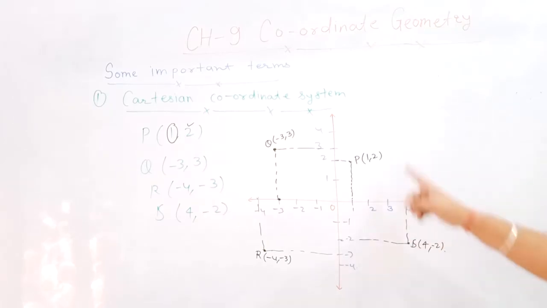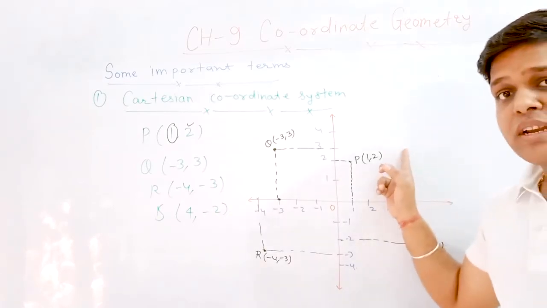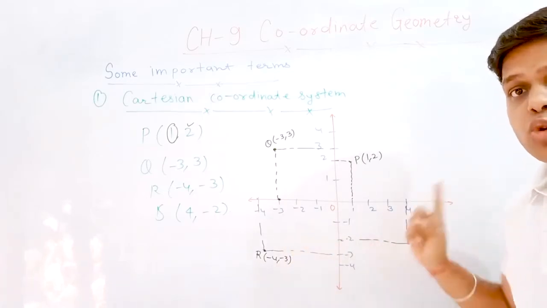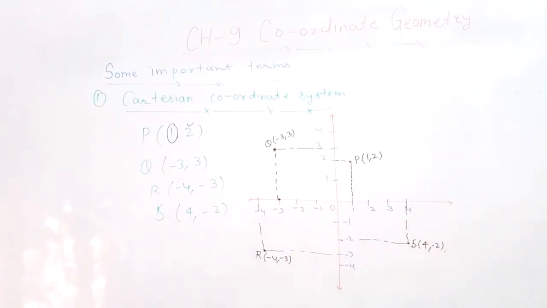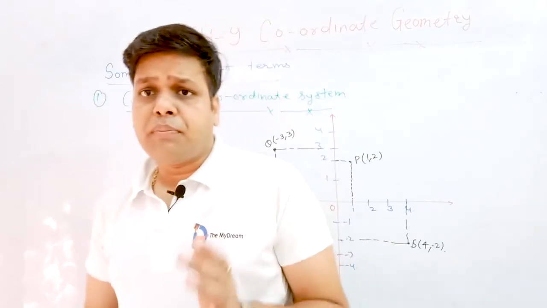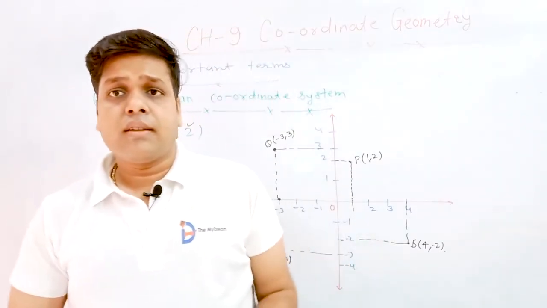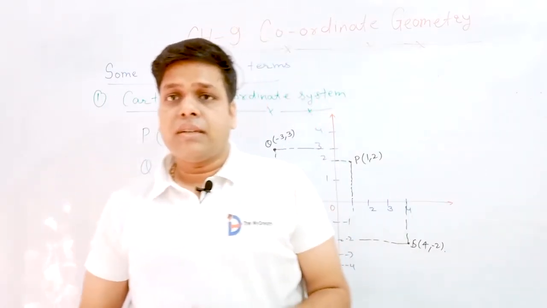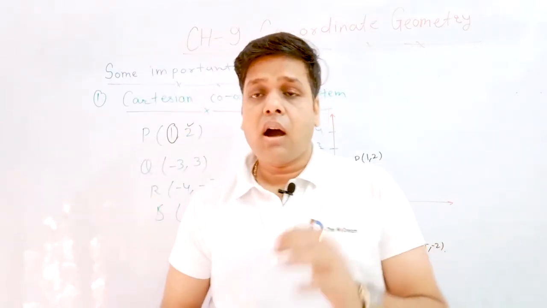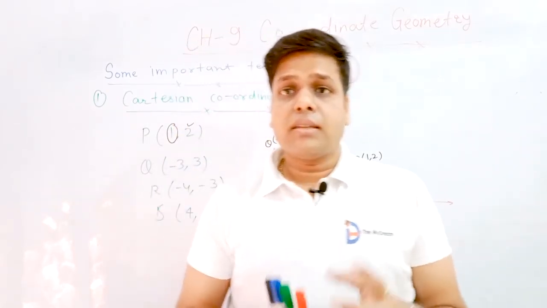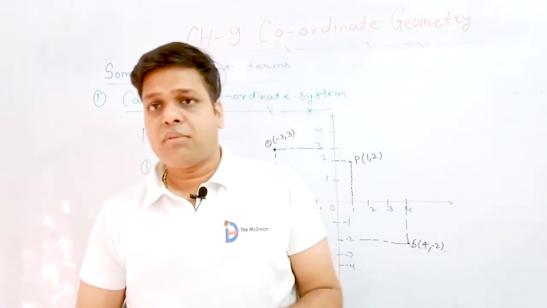Cartesian plane. This is known as first quadrant. This is known as second quadrant, third quadrant, and fourth quadrant. You already know about it. So guys, now the introduction part of this chapter is covered, where we discussed why we study coordinate geometry, how we study coordinate geometry, and what are the systems used in this chapter.